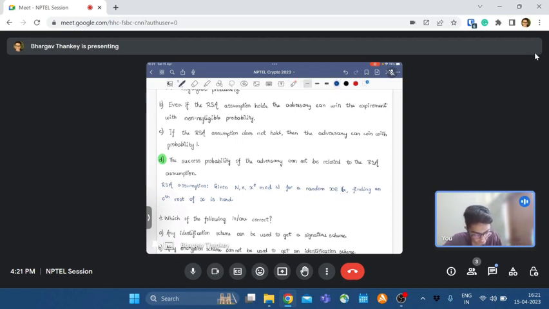Now, the thing is, given m may not be x to the e mod n for a random x. So the RSA assumption only talks about the average case hardness and not the worst case hardness.